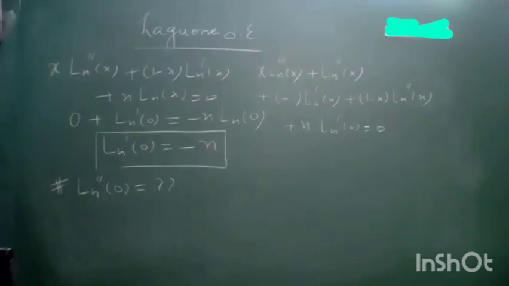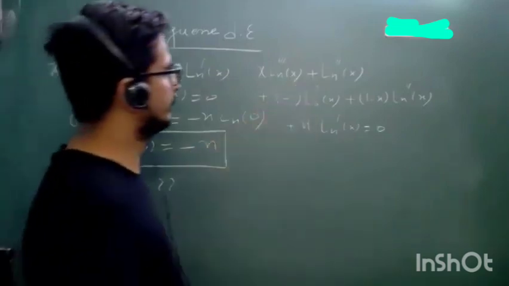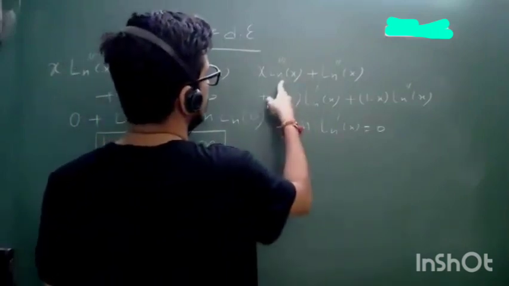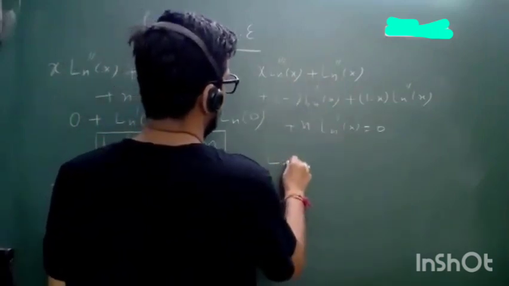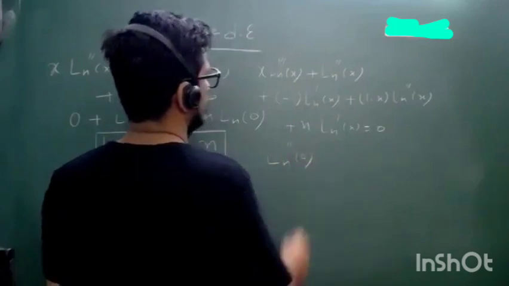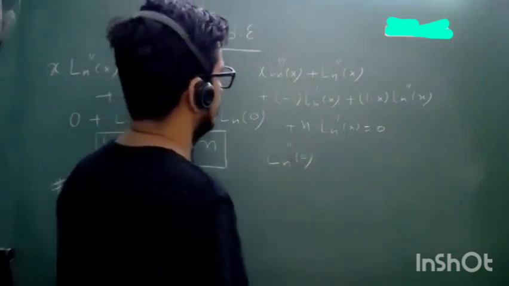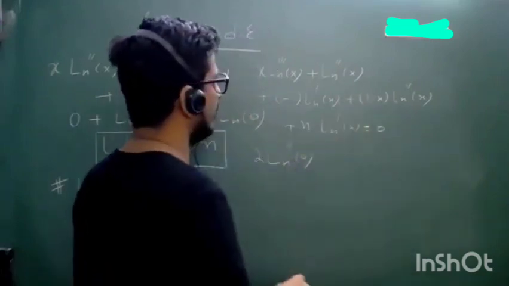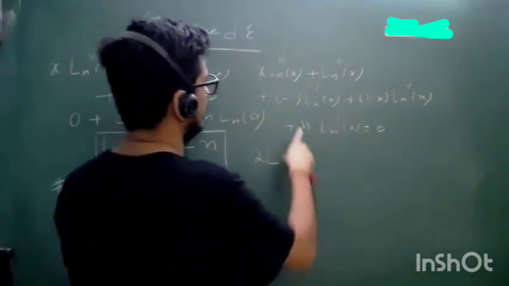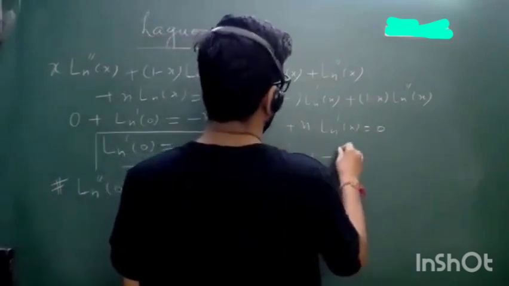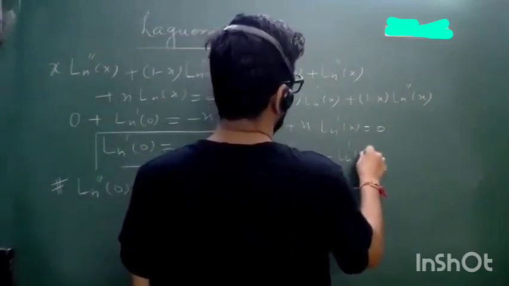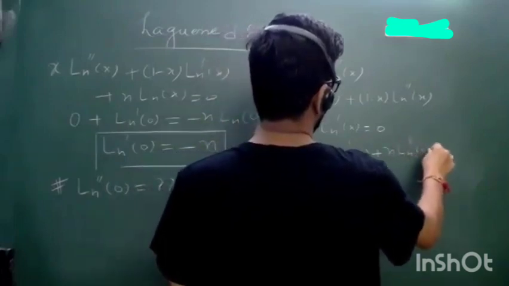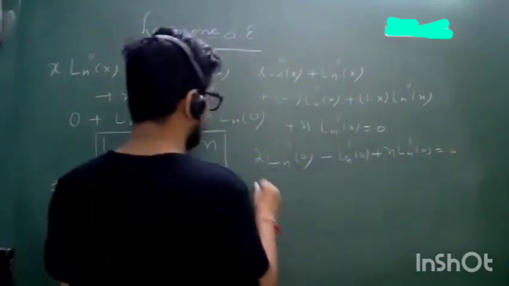Correct? Now put x is equal to 0. So what will it become? This term will go to 0. This we want, Ln dash 0, and this is x is equal to 0. So this will become 2 times Ln double dash 0. Correct? And this will become minus Ln dash 0 plus n Ln dash 0 is equal to 0. So now you got the value.